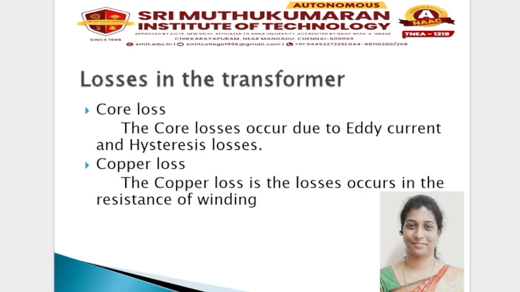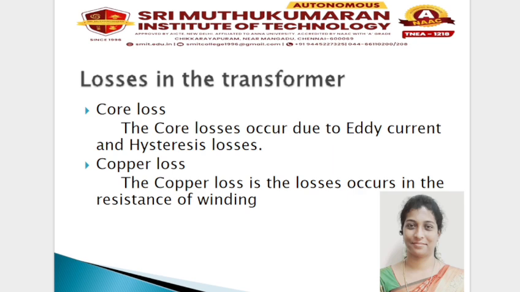Then, losses in transformer. What is loss? Losses in a transformer reduce its efficiency. This is a common definition for loss. Hysteresis loss occurs due to repeated magnetization and demagnetization of the core. The second one is eddy current loss, which occurs due to circulating currents induced in the core.